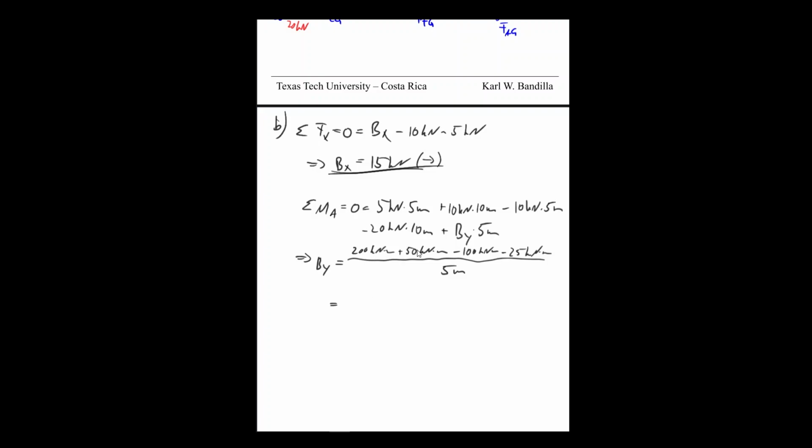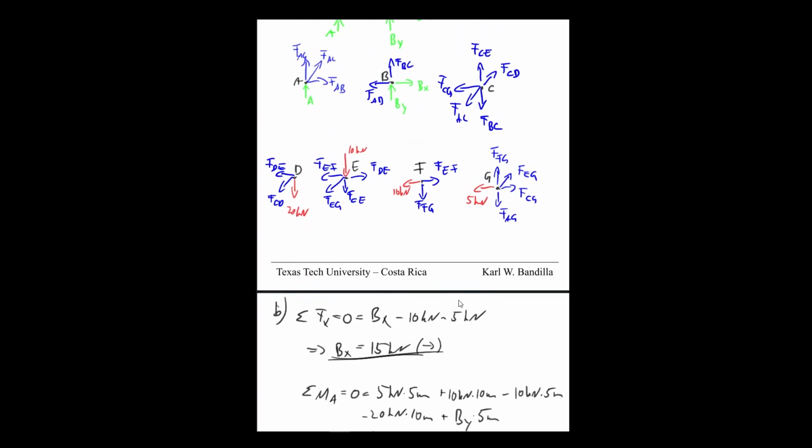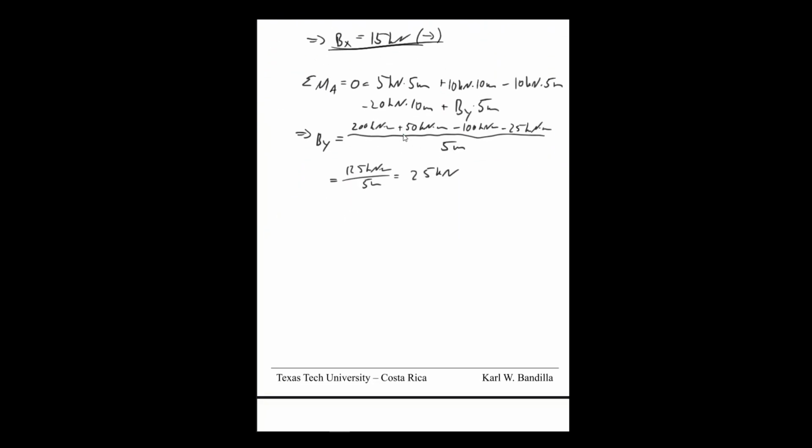So 250, 150, 125 kilonewton meters divided by 5 meters, 25 kilonewton. My By. By we said upward positive, so it is pointing upward.